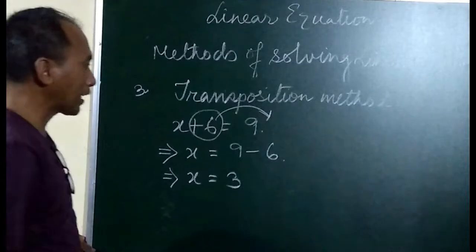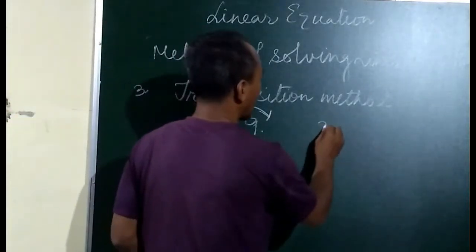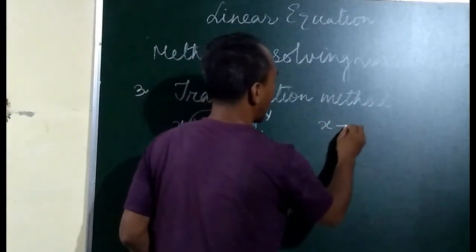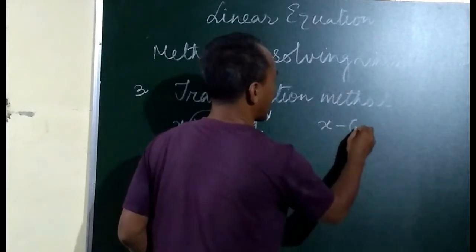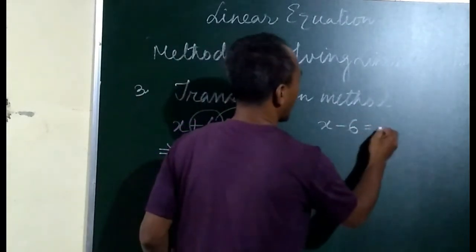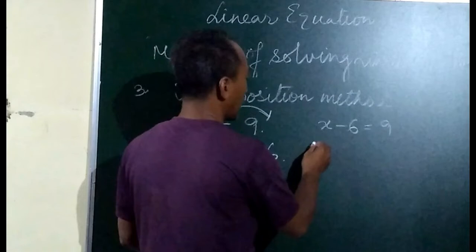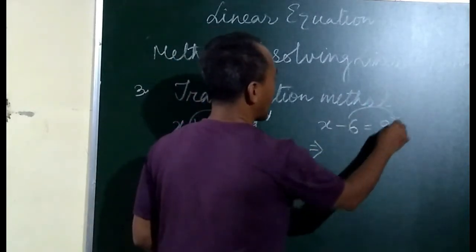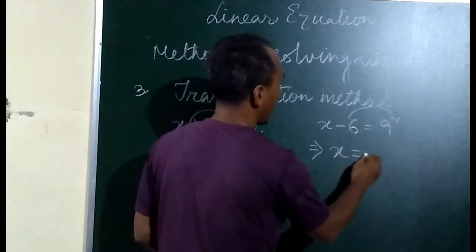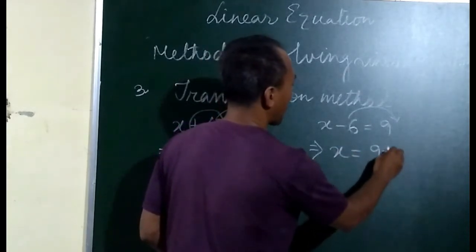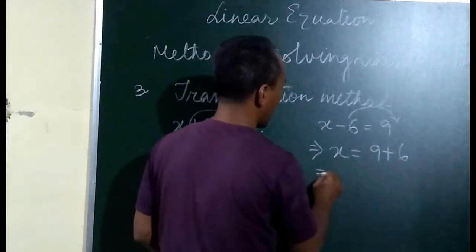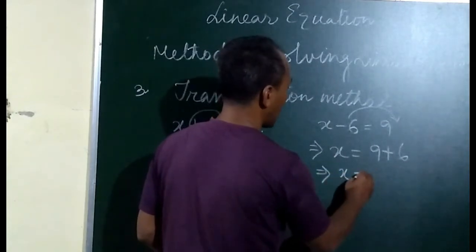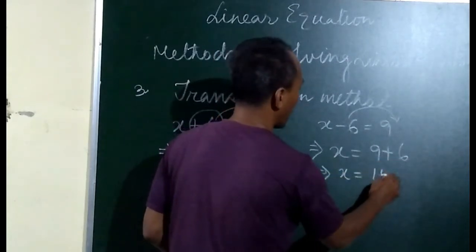Another example I'll take. If the left hand side has the constant term with a minus sign, then when we take it to this side, it will change into the opposite sign, as plus 6. So here x equals 9 plus 6, which is 15.